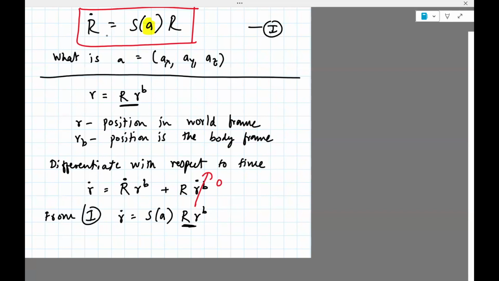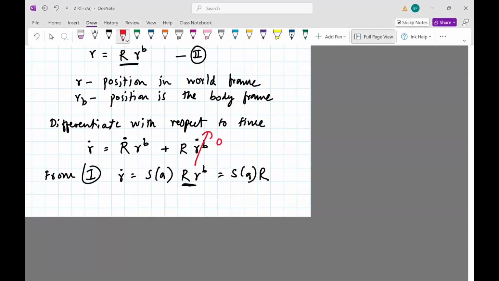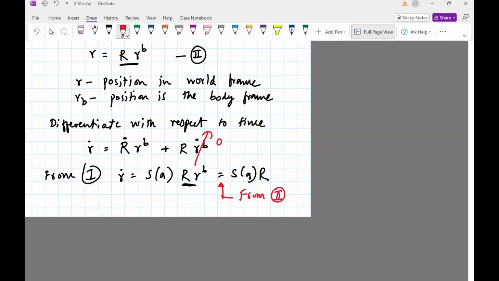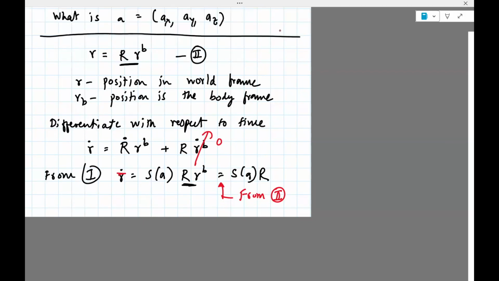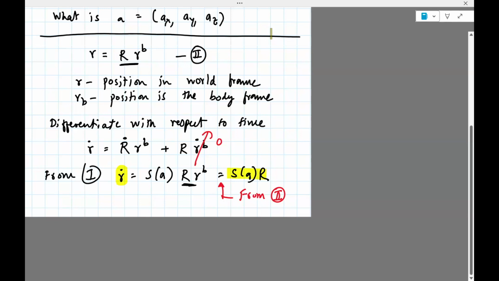It's right here. So we get S of A times R, and this is from 2. So we have R dot is S of A times R.